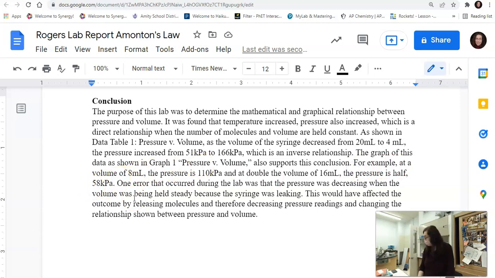I also want you to answer the discussion questions that were in the book. So that is one thing that's not in your example conclusion. So in your book it says, under Amonton's law, that I wanted you to calculate the slope, which we now had our graph do that for us. And it says, write the y-intercept form.